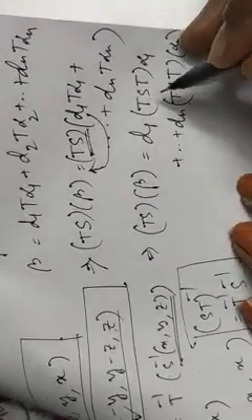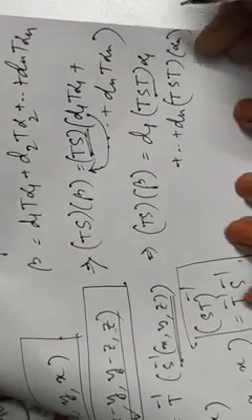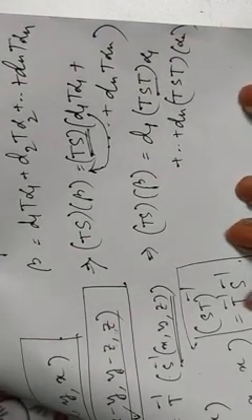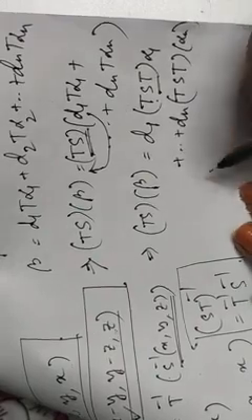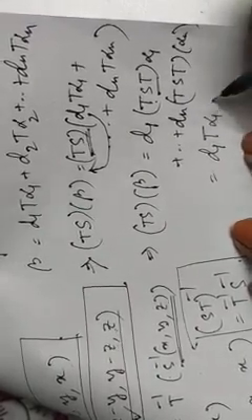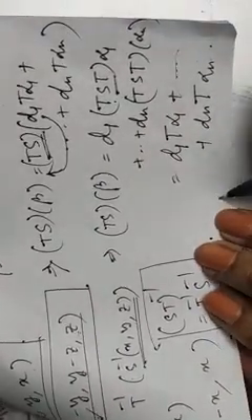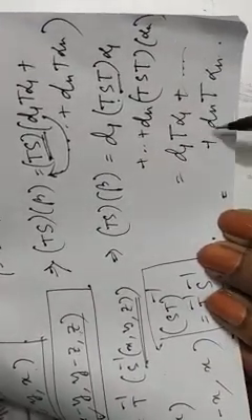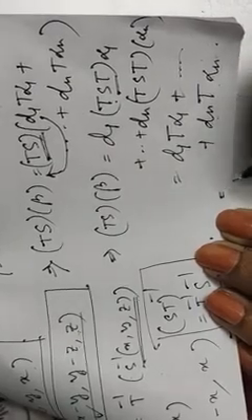Okay. Now what about ST? ST is given as I, so it will become actually T. So this one becomes d1 T alpha 1 plus dot dot plus dn T alpha n. And what does that mean? d1 T alpha 1 up to dn T alpha n, this means beta.